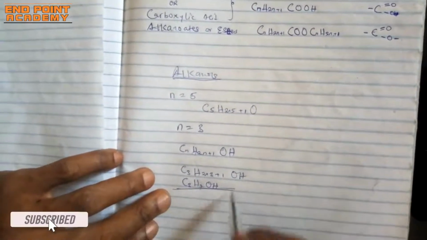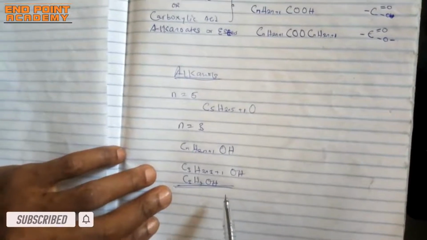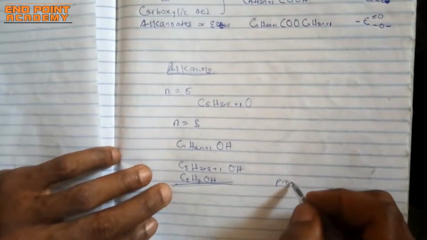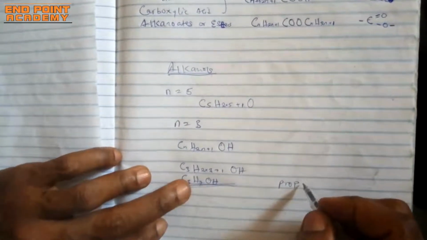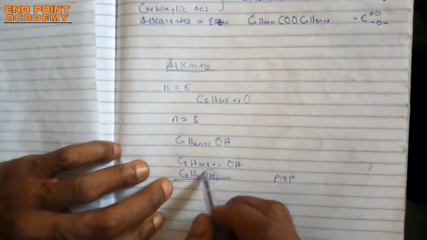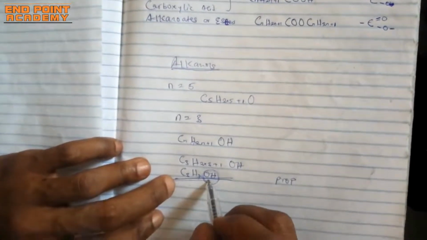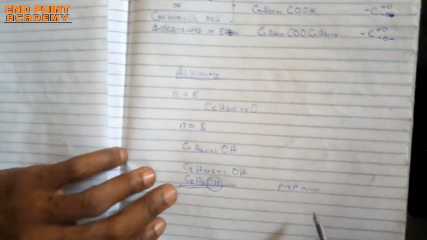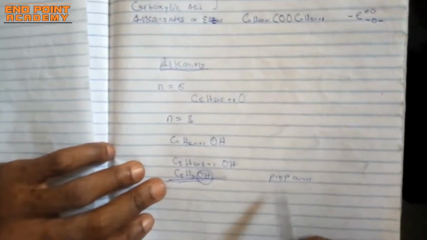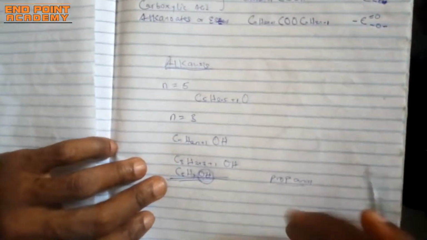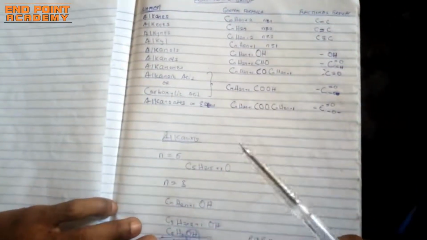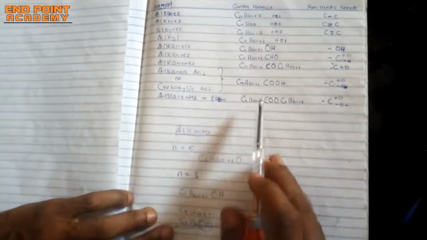Now what is the name of this compound? Mind you, when you have 3 carbon atoms, it means prop. Now the functional group here is alkanol, OH. So this is propanol. Why? 3 carbon atoms. So that is how you use the formula to get every other organic compound.